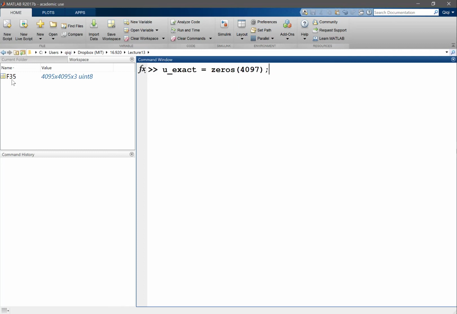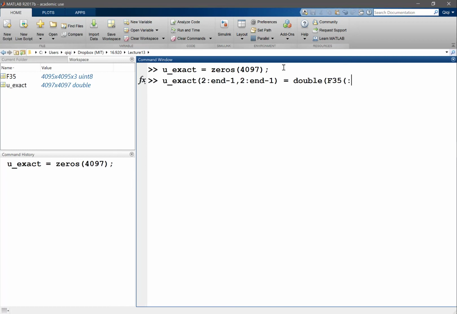This image didn't include the boundary, now we include the boundary, and we set the interior, 2 to n minus 1 in both directions, to be the image as a double, divided by 127, which is the maximum value of an unsigned 8-bit integer. If I have 8 bits of 1, that is the maximum possible value of this array.